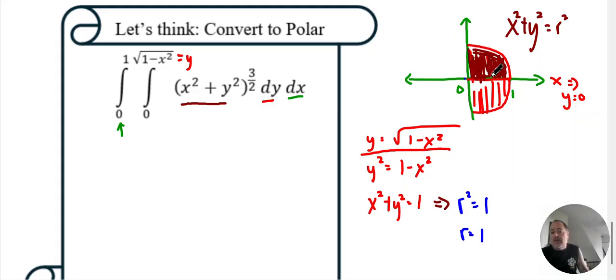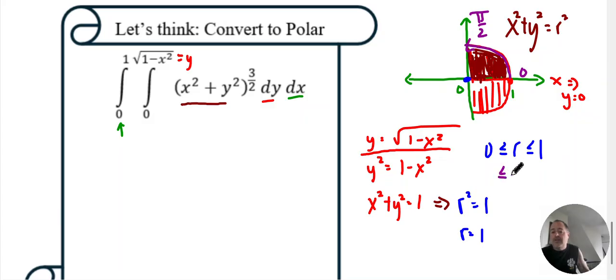So when we're looking at this region, we start at r equaling 0, and we go to r equaling 1. That's going to be the bound for us in terms of r. And remembering that theta is the other coordinate we're going to be using, we start right here at 0 and go all the way to pi over 2.